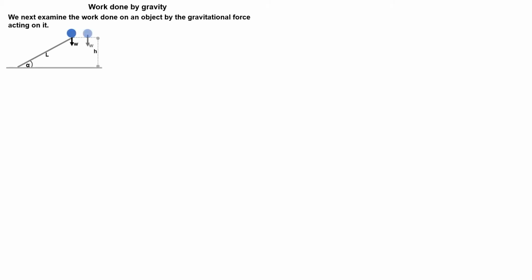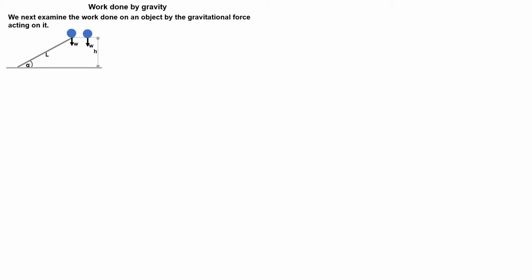We next examine the work done on an object by the gravitational force acting on it. If an object falls a certain distance, work will be done on it by the gravitational force that is acting on it. We consider two different situations for the analysis of work done by gravity.